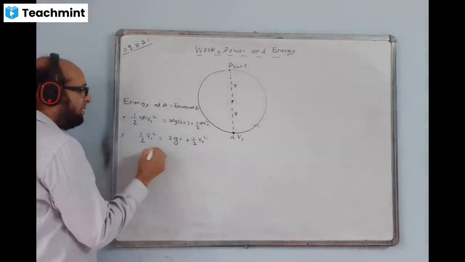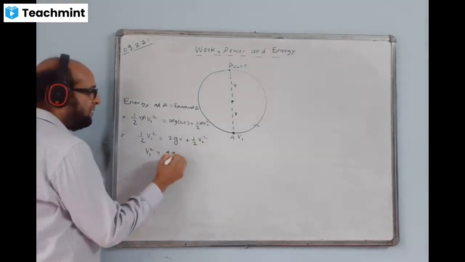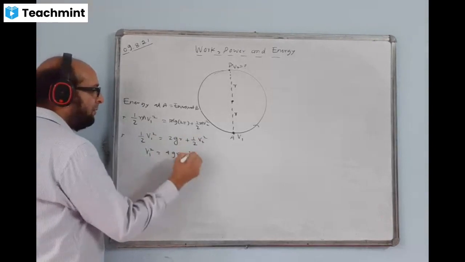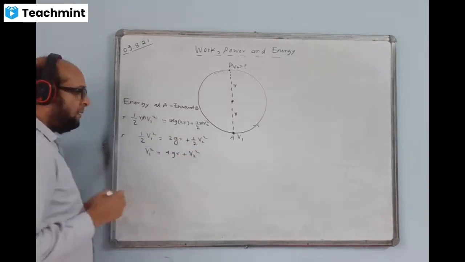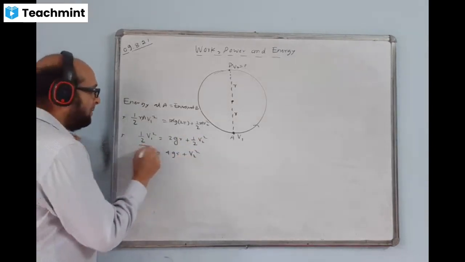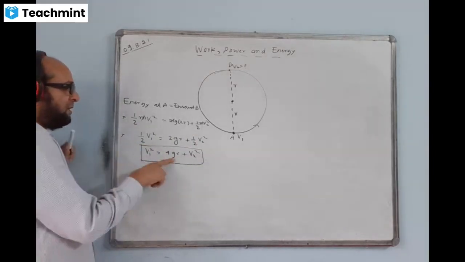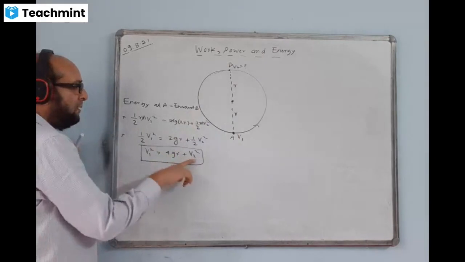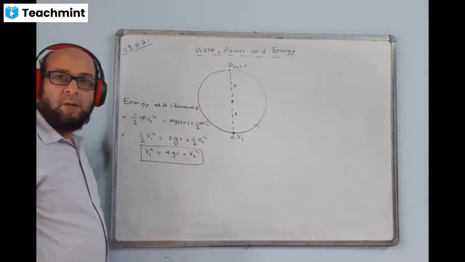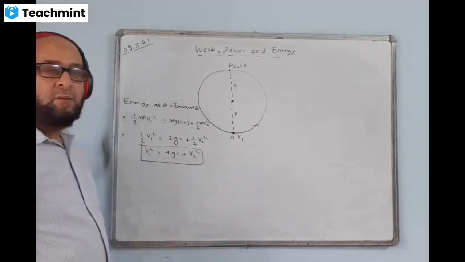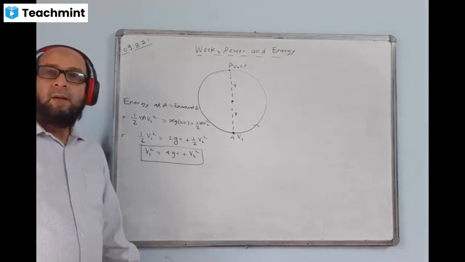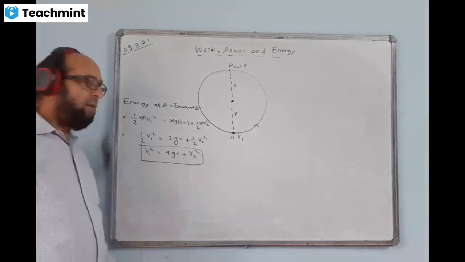Multiplying by 2, v1 square is equal to 4gr plus v2 square. This will be the equation. If v1, g and the radius are known, we can find v2. Or if v2 is known, we can find v1.